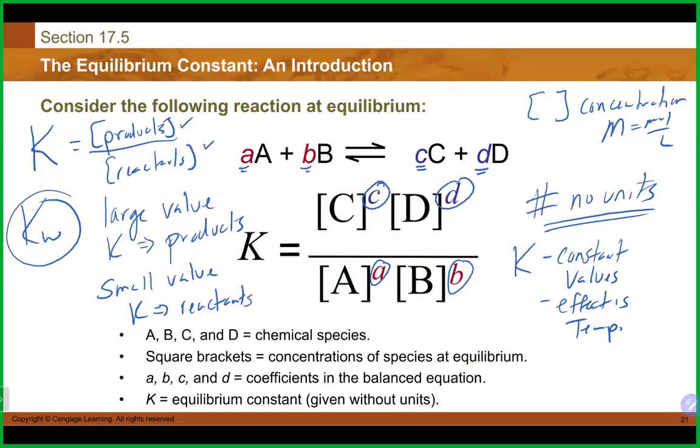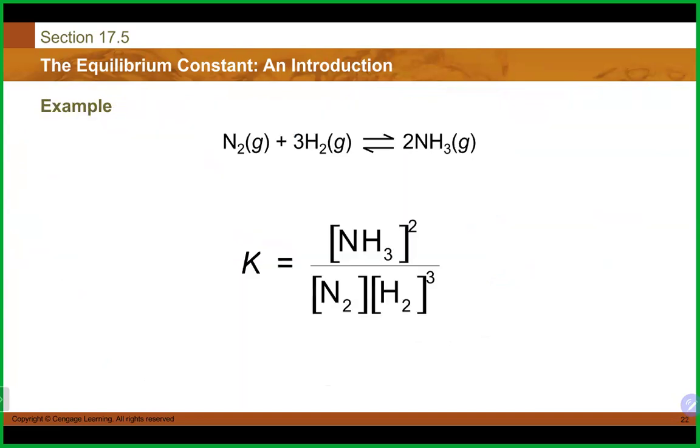By the way, as well, when you calculate the equilibrium constant, it does need to be equilibrium concentrations that go in there. So they can't be initial concentrations. So for example, here, if we were going to write the equilibrium expression for this reaction, like we see down there, we would take our products, which is our NH3.